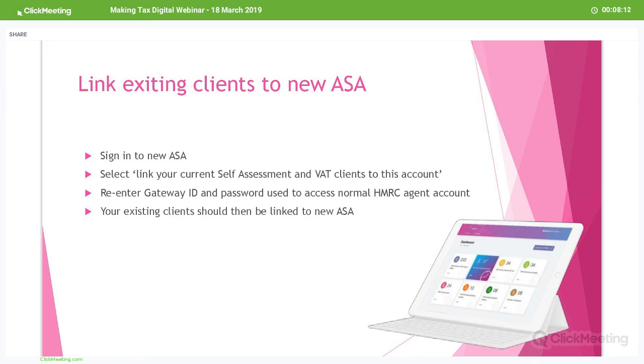HMRC will ask you to re-enter your gateway ID and password of your current gateway ID, not your new agent services account. That will then force the link between the existing account and the new account, and then your existing client should then be linked to your new agent services account. It's a bit cumbersome, the migrating from a legacy system to a new system, so there's going to be a period of overlap.